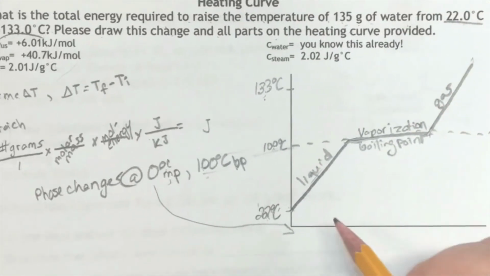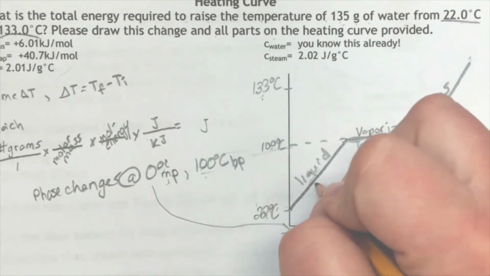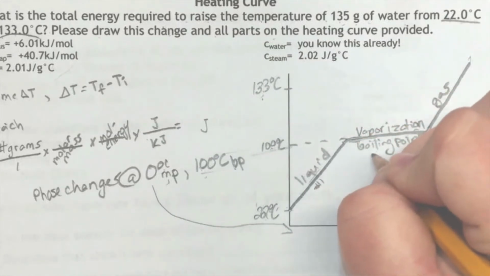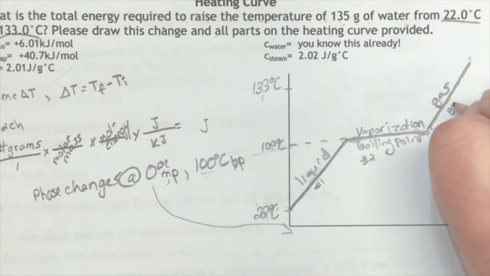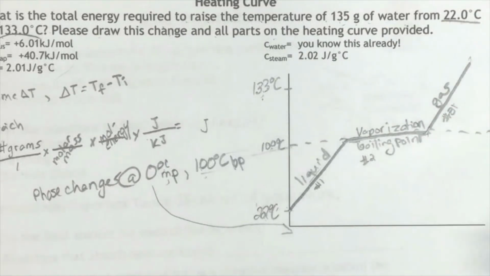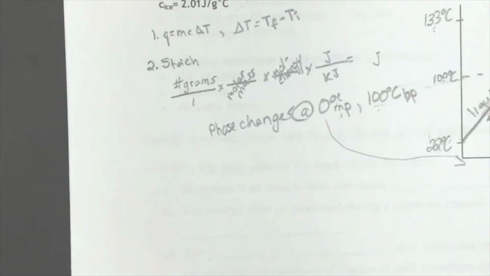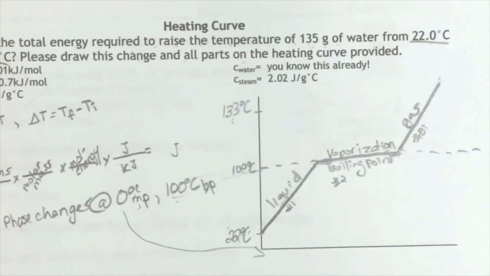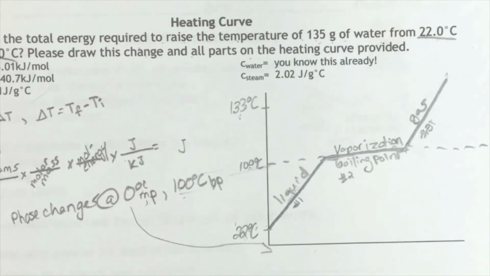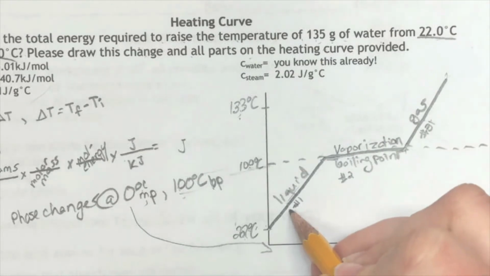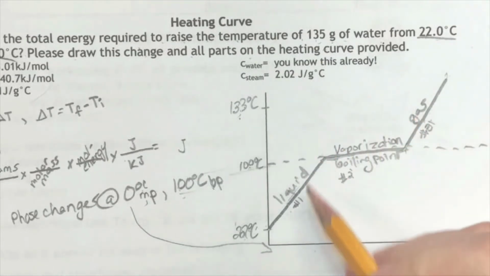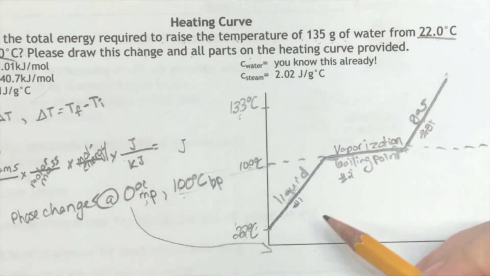Essentially what this is telling us is that we have one calculation, two calculations, and three calculations. In deciding what type of calculation occurs at each one of these portions of the graph, the first, the second, and the third, we need to look at the shape of the line, or rather whether or not there's a slope.